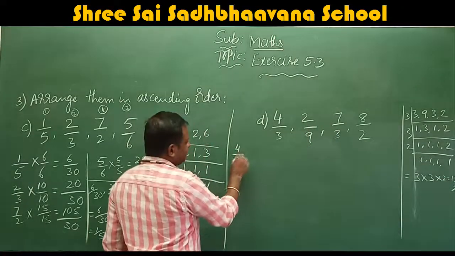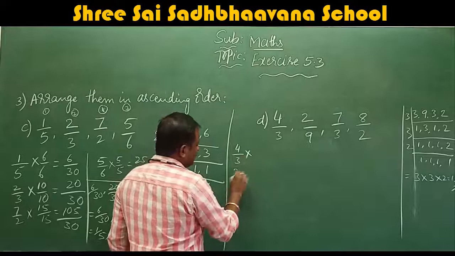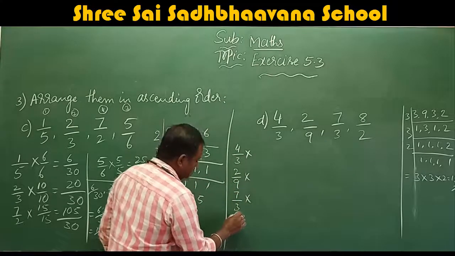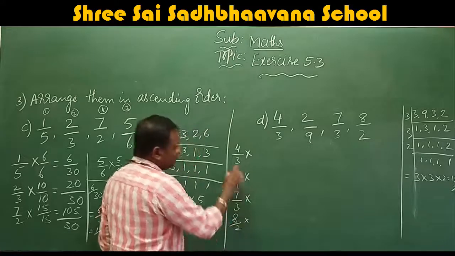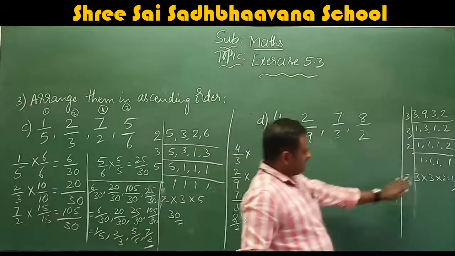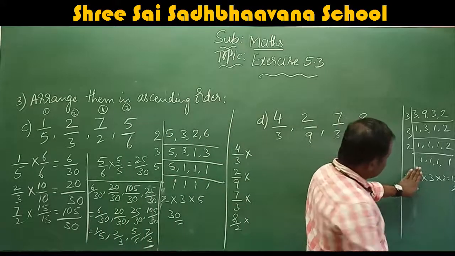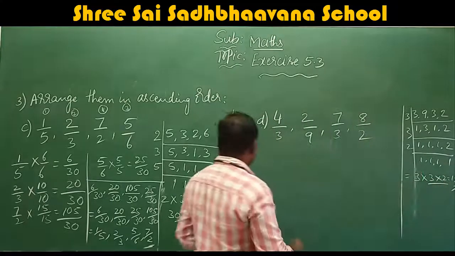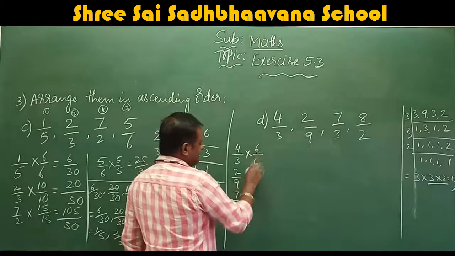4 by 3 into something, 2 by 9, 7 by 3, 8 by 2. For 3, forget this one; the remaining number is 2 and 3 twos are 6. Multiply that and you will get 8 by 6 by 6.